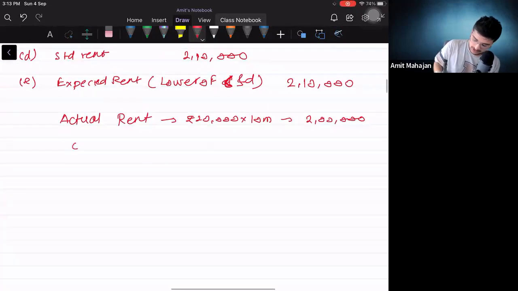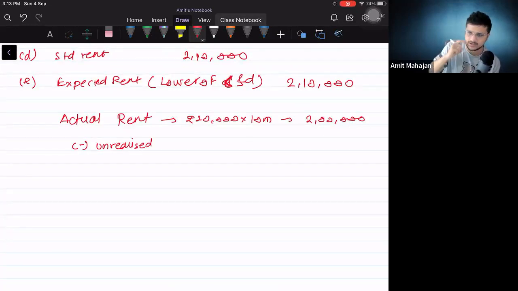But I will also reduce what? Unrealized rent for 1 month. नहीं, for 1 month था ना, एक महीने का unrealized था. Unrealized rent for 1 month.